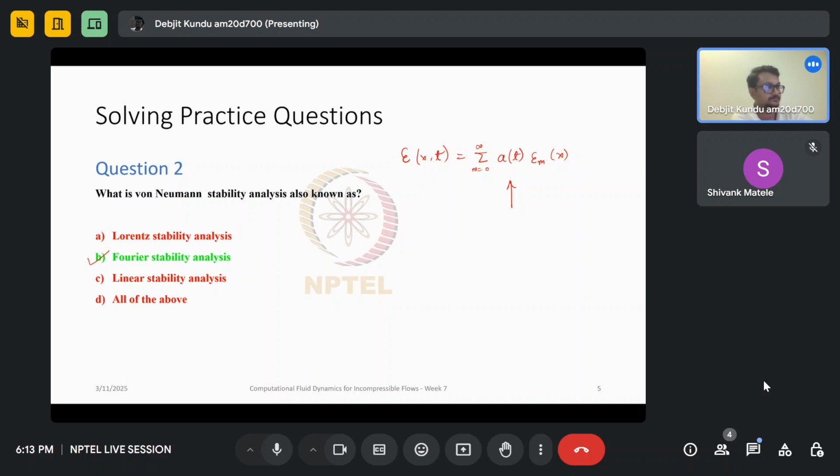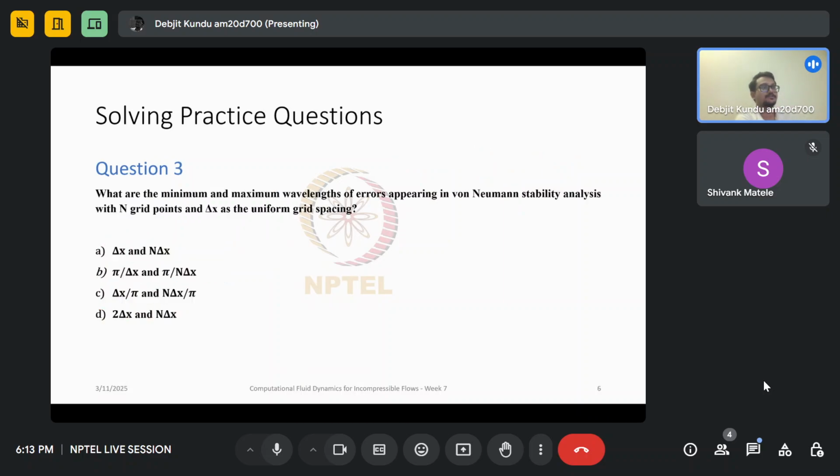We will move on to question number three, which is asking us what are the minimum and maximum wavelengths of errors appearing in von Neumann stability analysis with n grid points and delta x as the uniform grid spacing.